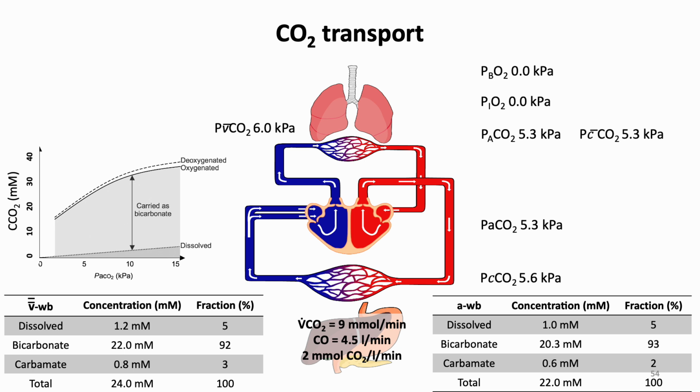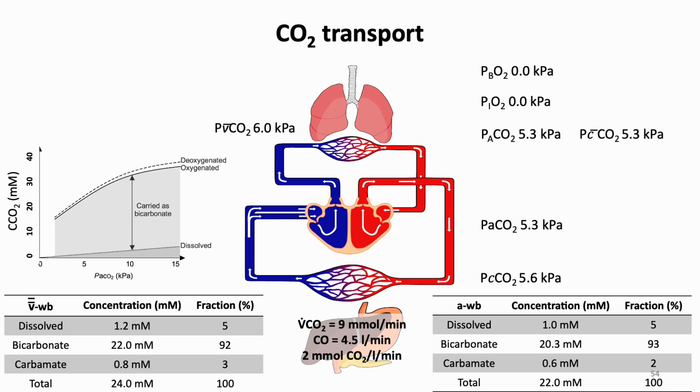Which basically means that PCO2 correlates closely with total CO2 levels in the blood. And you can argue that PCO2 in blood is an index of total CO2 levels. And it's actually used by the chemoreceptor system of the respiratory system to monitor CO2 levels.